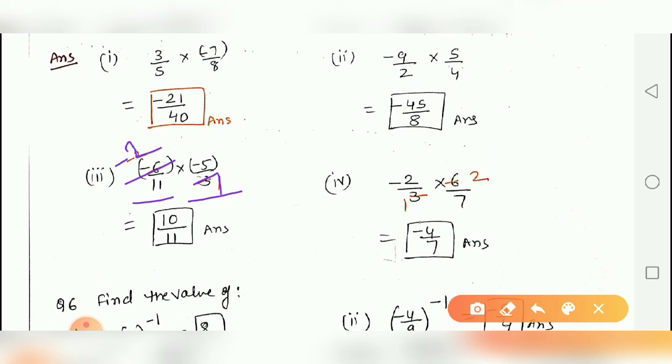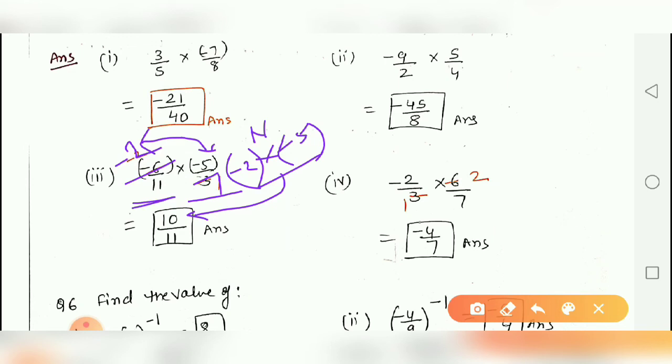So here we will write negative 2 multiplied by negative 5. Here both the numbers are negative and this is our numerator. So answer is positive. So 10 is our numerator.